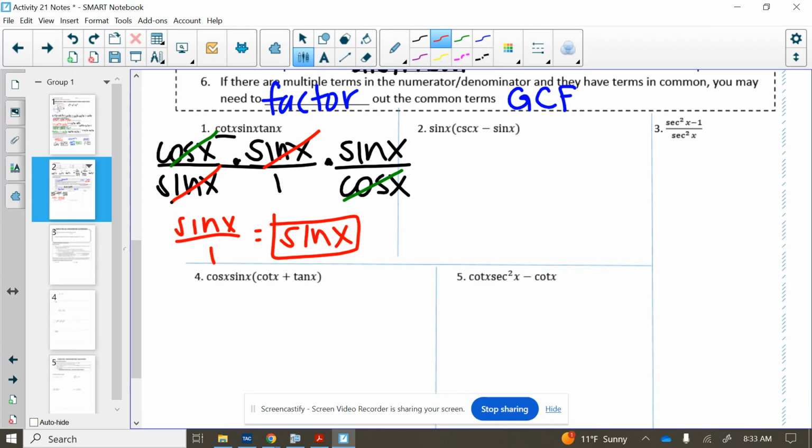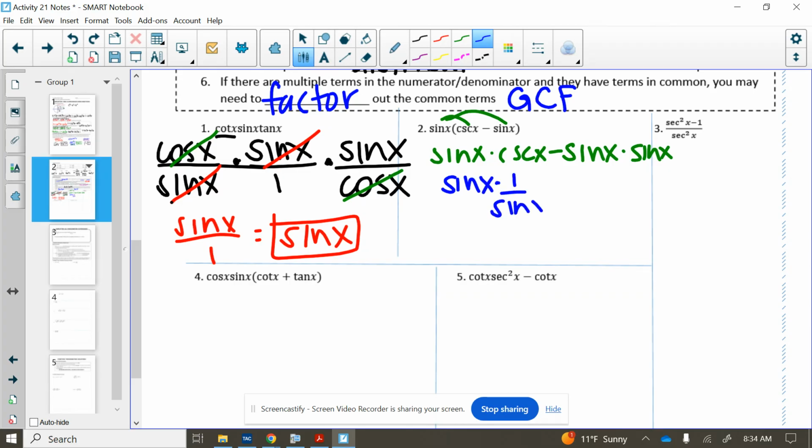In our next example, if we distribute through this sine of x, we would have sine times cosecant, and then minus sine times sine. And we can rewrite this sine times cosecant as sine, and then cosecant can be rewritten as 1 over sine.